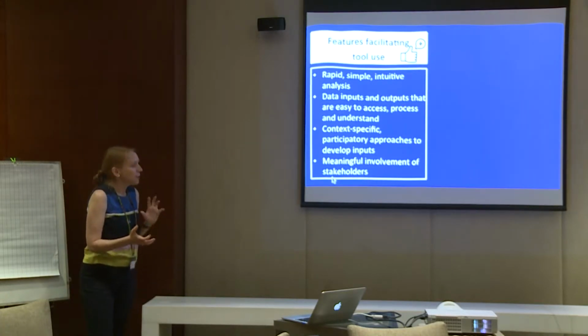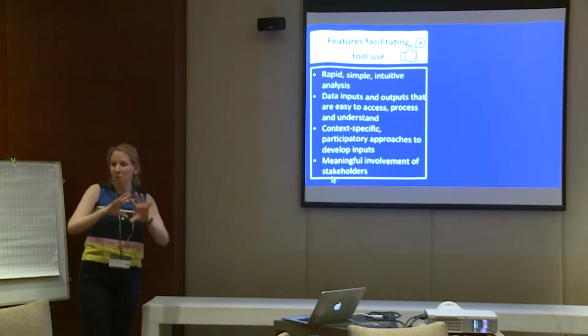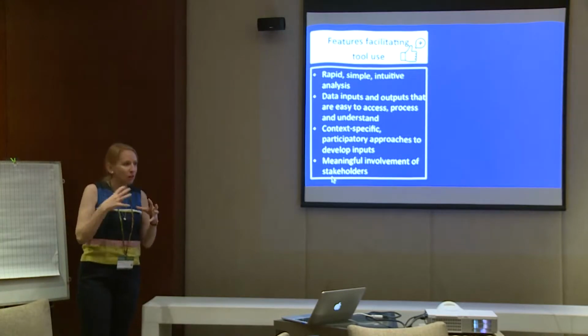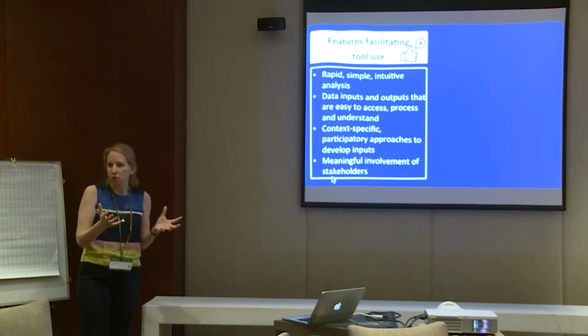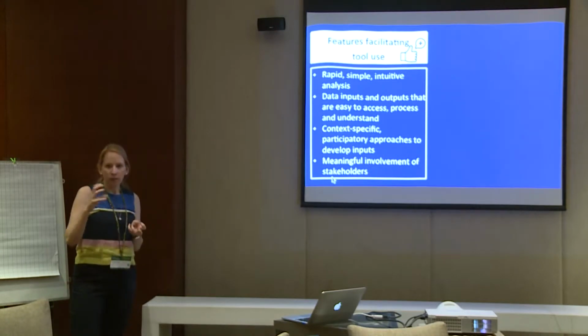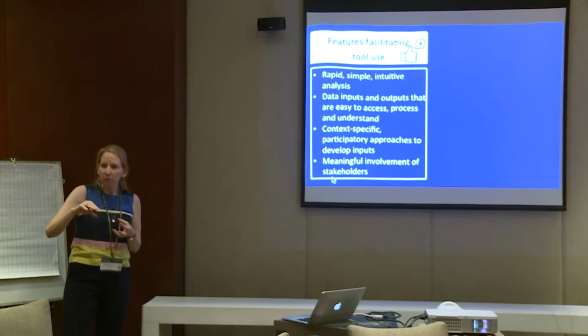And the ability to tailor the modelling to a local context, so not a general result, especially when we're talking about agriculture, because the local conditions might be very different in different parts, even of a region, not just a country or a whole world. And then the last bit that was really prioritised was some aspect where stakeholders were not only included, but their knowledge was also taken on board.